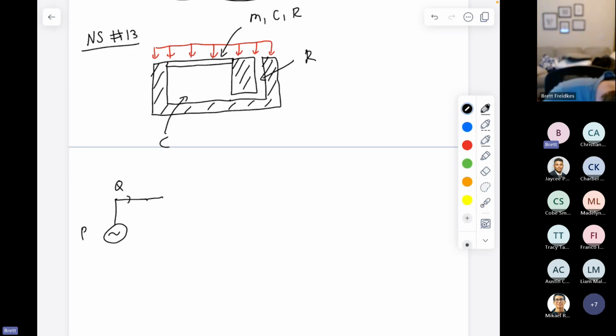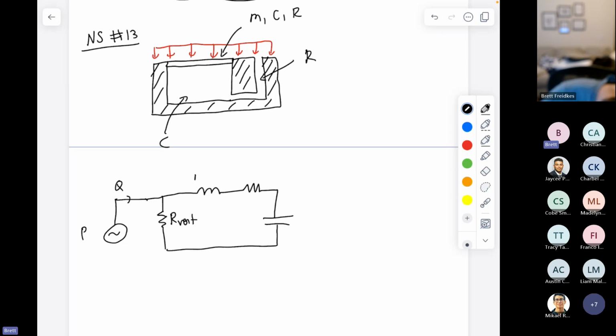So we said that there's a vent which has a resistance. This was our vent. And then the diaphragm, we'll say, is the mass, the damper, and the compliance of the diaphragm. That's mass of the diaphragm, R of the diaphragm, and the compliance of the diaphragm.